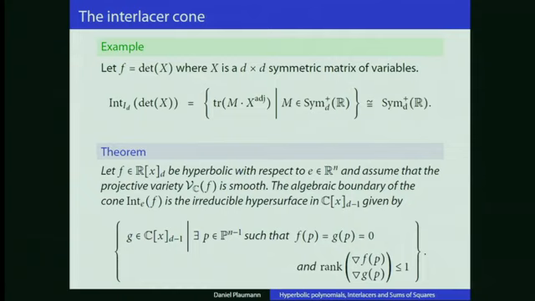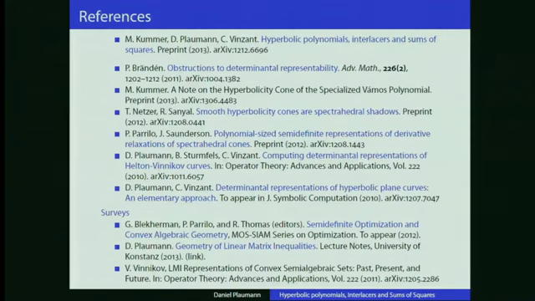So let me close with some references. Everything I talked about is in this preprint. There is a follow-up that I want to point out to you, because I didn't mention it in the talk, by Mario, who's now a grad student in Konstanz.